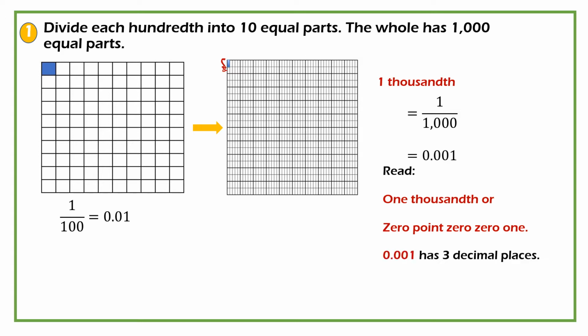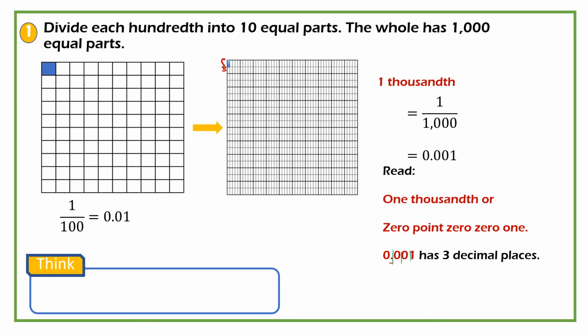Okay, now 0.001 has 3 decimal places: 1, 2, and 3. 3 decimal places.